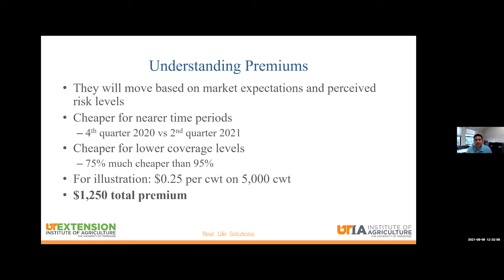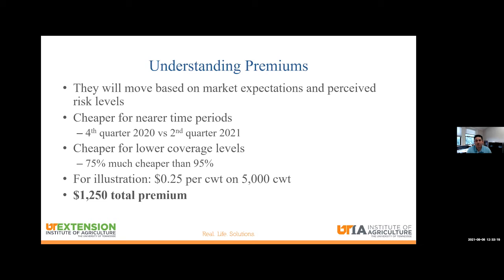Understanding the premium associated with that, it moves based upon the market expectations and perceived risk levels. It's cheaper for near time periods, like the fourth quarter of 2020 versus the second quarter of 2021, where whatever quarter's closer is cheaper because there's less uncertainty, less risk.